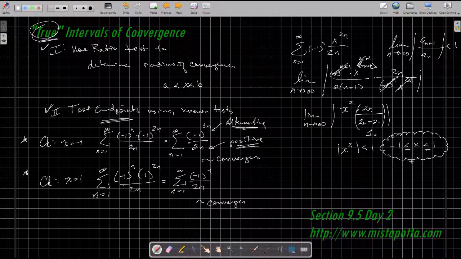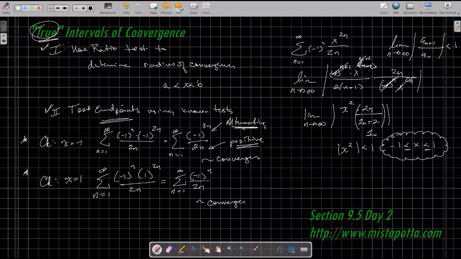So series may look very similar, but actually have different intervals of convergence, at least with respect to their endpoints.